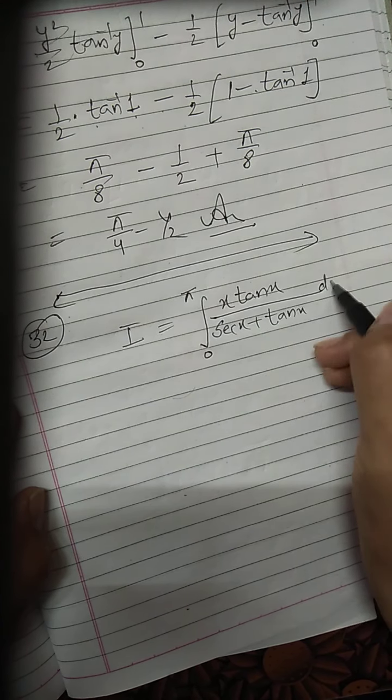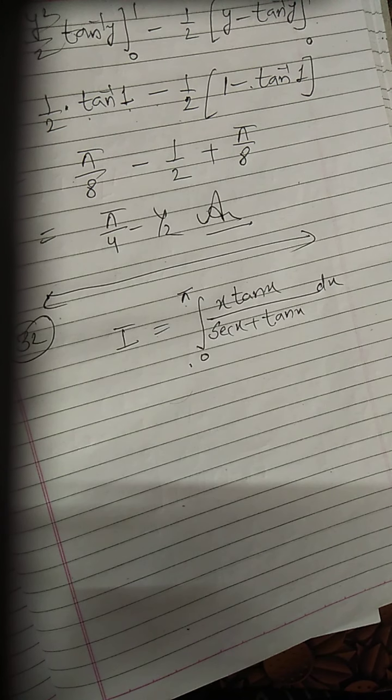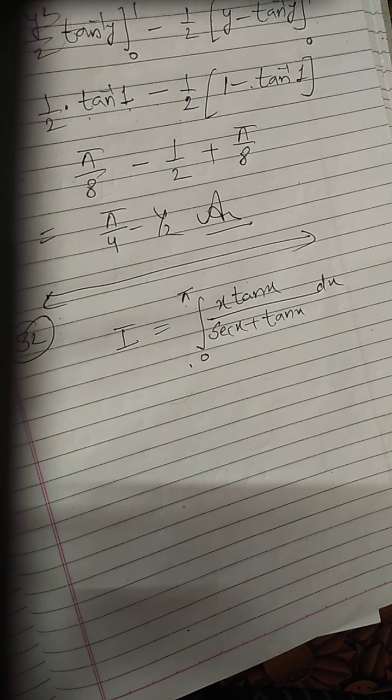If you remember the 0 to a property, what the property says, so if I apply the property, integral 0 to a f of x dx will be 0 to a f of a minus x dx, and we know tan of pi minus x will be minus tan x, because pi minus theta is second quadrant, and secant of pi minus x will be minus secant x, right?